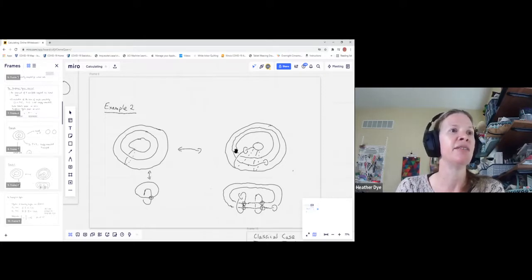The Kirby calculus, when you start doing it in the torus, is a little tricksy because you can push things off of each other because you've got these loops. So these two are equivalent via the Kirby calculus. It may not be the simplest thing to see though.